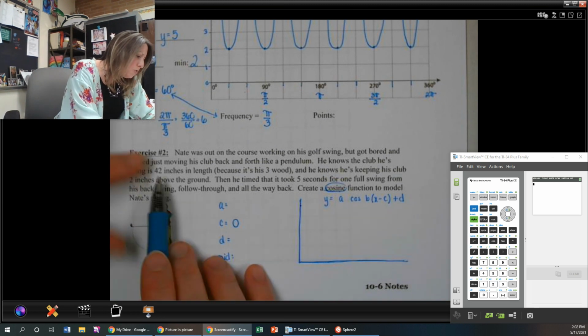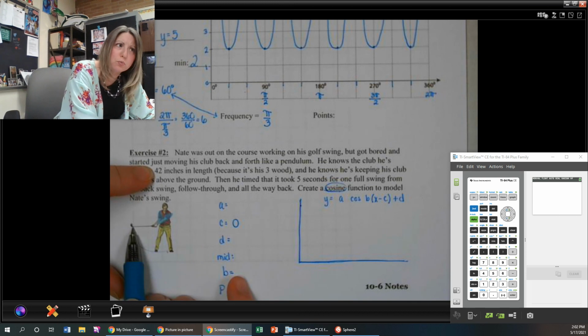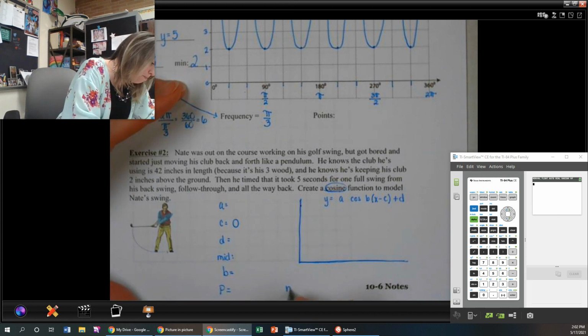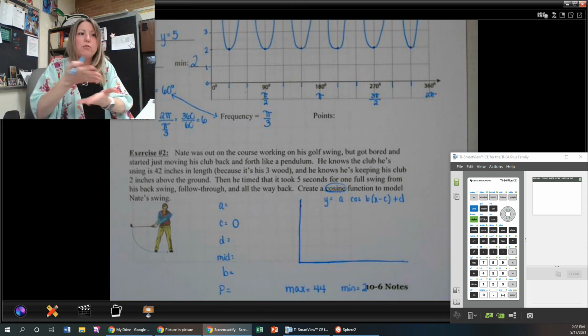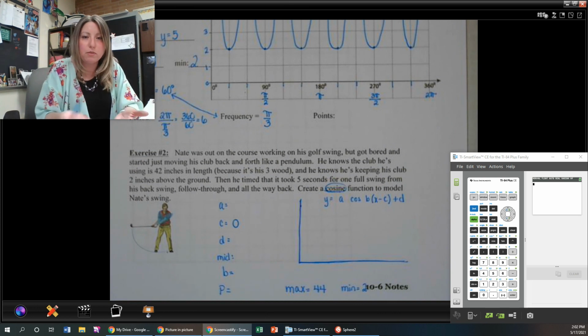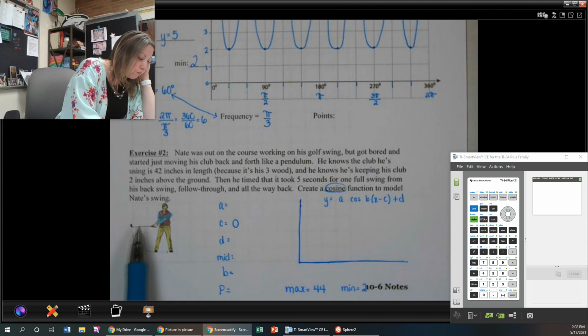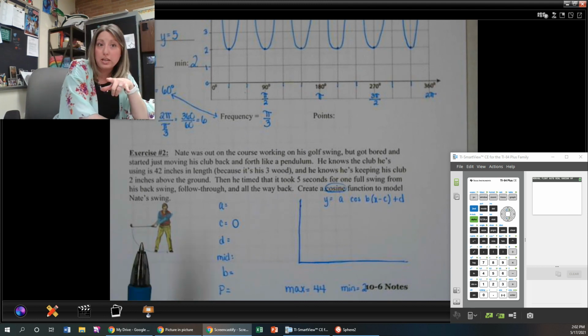Now, we know the club length is 42 inches, but we're still off the ground 2 inches. So really, if we're thinking about our max, it's 44, and our min is 2, because you're never hitting the ground. It's never going to be 0 for your height differential, right? So if we're talking about height from Nate's hand, that's essentially what it is, not necessarily the ground, but from his hand.